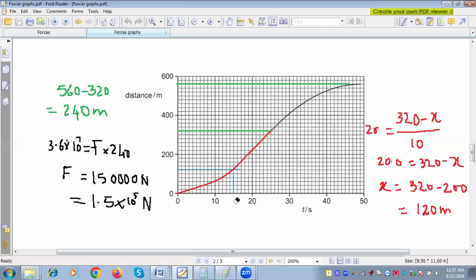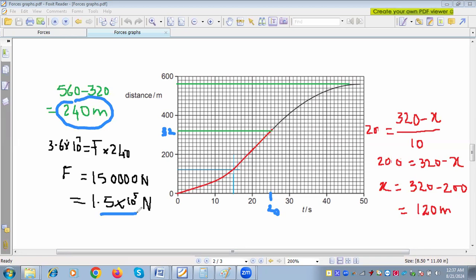It goes with uniform velocity and then it decelerates. From here, it starts decelerating. So what is the distance? At this time it is 320 and this is 560. So the distance covered is 240 meters. And then in order to calculate the force, we will use the formula F into D.